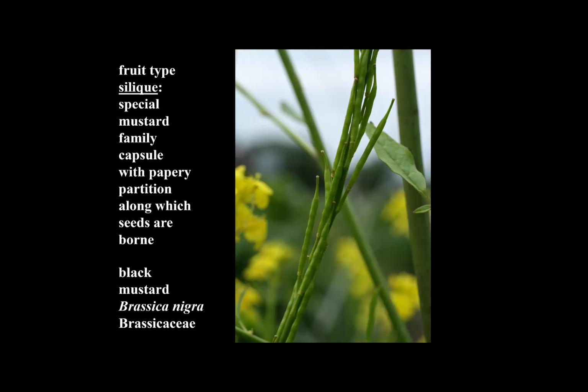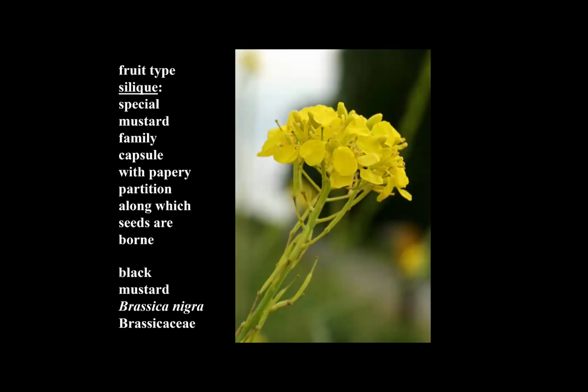So those are some dry fruits that, oh yeah, I forgot the sequence here. And here is the mustard in flower. And incidentally, you can see in this flowering arrangement that in plants, the younger parts are at the tip. So if you look at the top of this, you see buds.